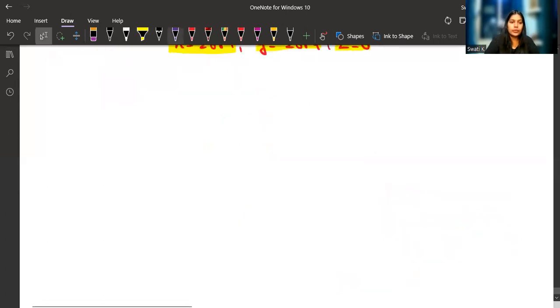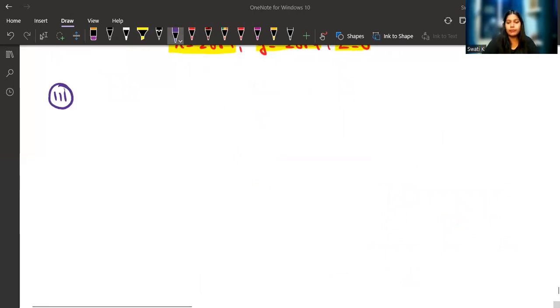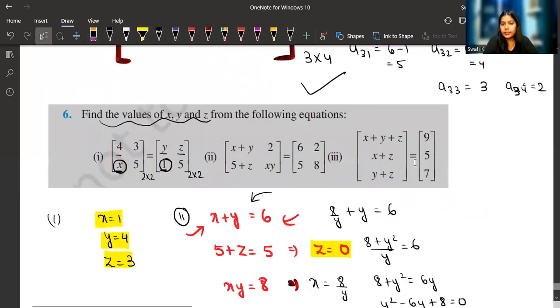All right. So in the third question, this was the second question. In the third question, let's see the question. Yes, so it is here: x plus y plus z equals 9, x plus z equals 5, and y plus z equals 7. Again, because the matrices are equal, their corresponding entries are going to be equal.